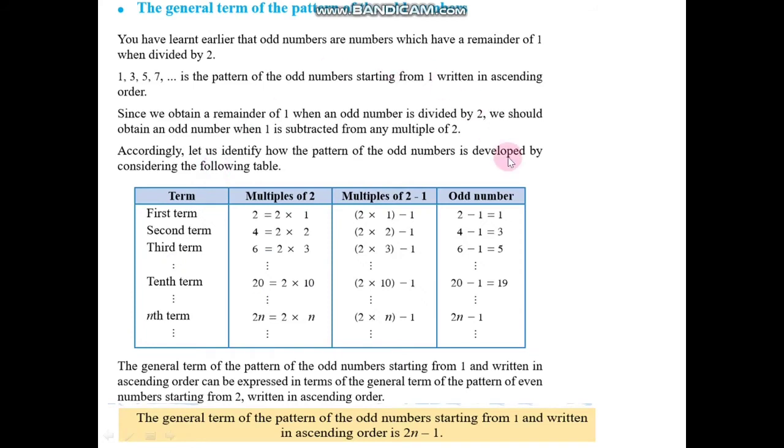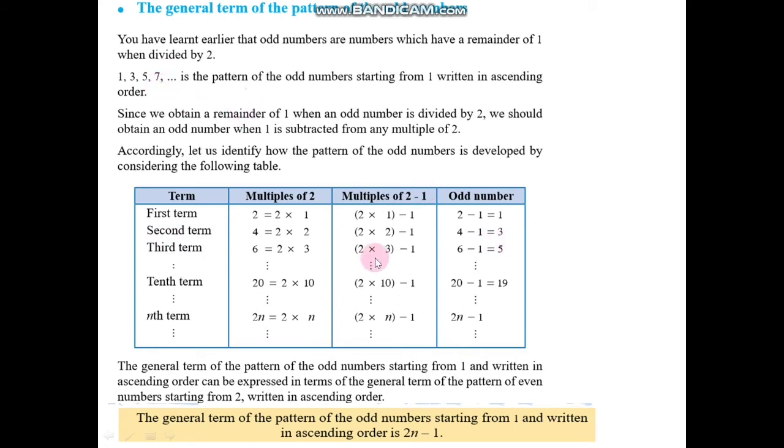General term of the pattern of odd numbers. Odd numbers are those where, when we divide the number by 2, the remainder is 1. So we are going to identify how the pattern of odd numbers is developed by considering the following table. The first term should obviously be 1. The second term should be 3.